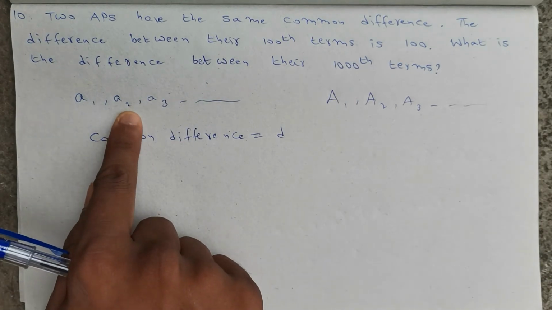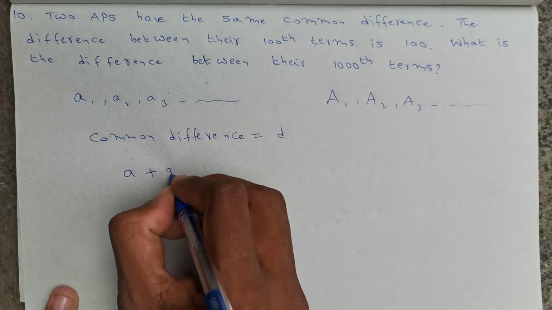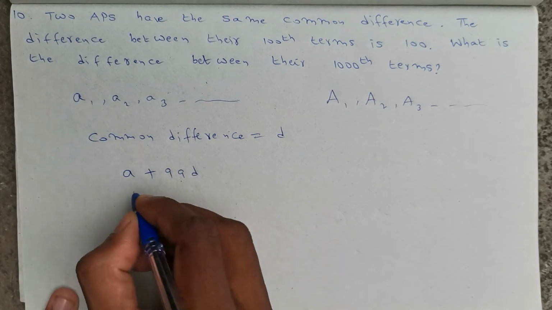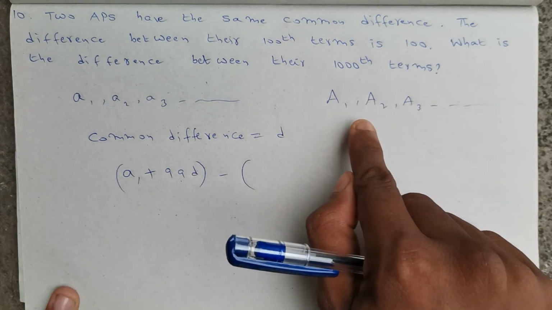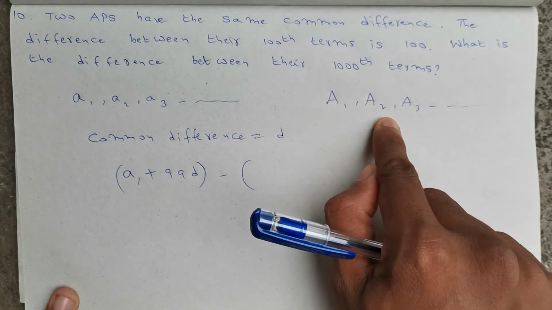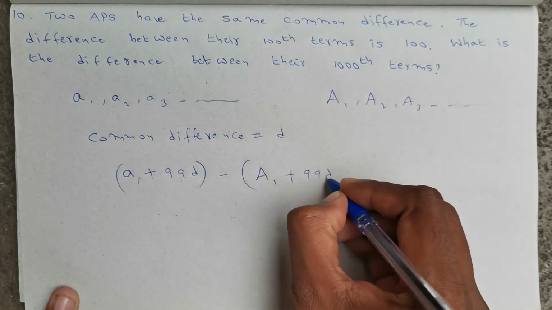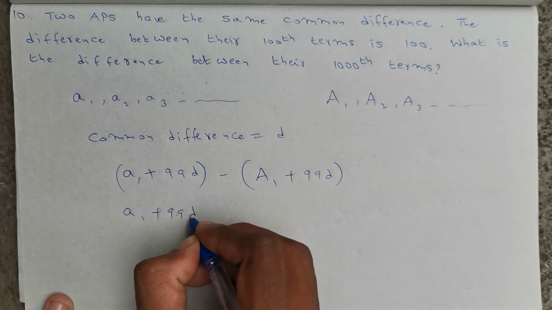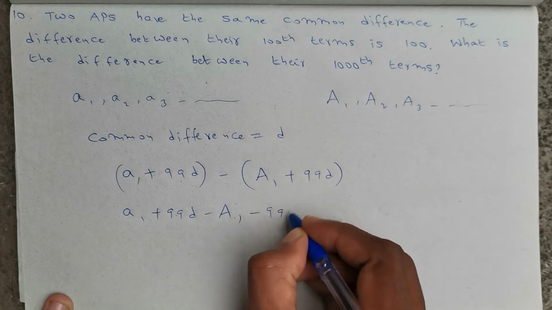Then, the difference between their 100th terms. For the first AP, what is the 100th term? a1 plus 99d. First term I took as a1, minus 100th term of this second AP, capital A1 plus 99d. So if we expand it, a1 plus 99d minus into capital A1, minus into plus 99d.